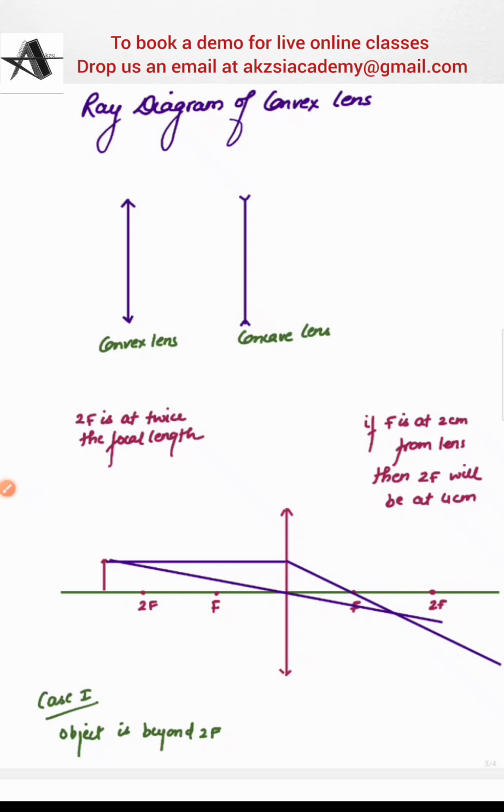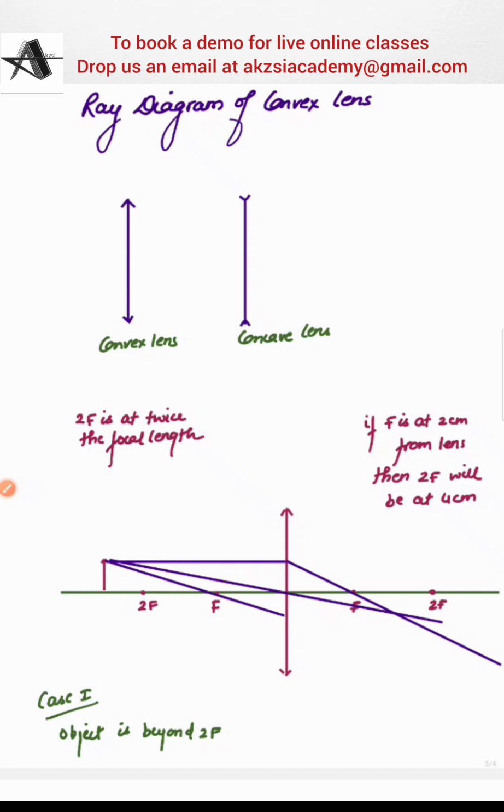But I'm also telling you how you can draw the third ray. The third ray will first pass through the principal focus like this, and once it reaches the lens, it becomes parallel. It works just the opposite of your first ray. The first ray was parallel to the principal axis, then it passed through the principal focus.